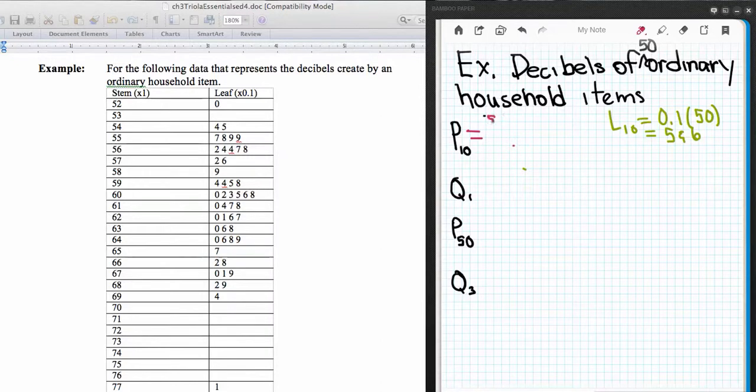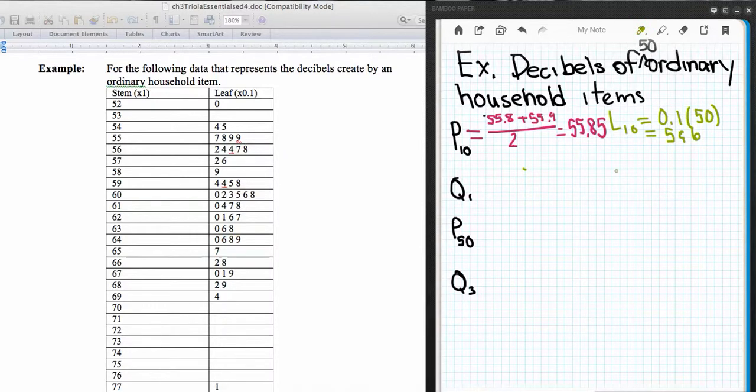So I have 55.8 plus 55.9, and that will be divided by 2 in order to give me my decibel rating. And so this will give me 55.85. Now you don't want to round it off or anything, just leave it alone. That's the rating that we have. So that is the 10th percentile.